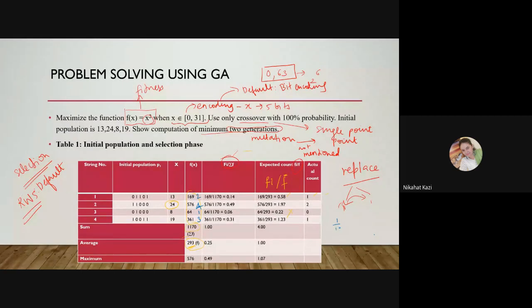And then you have to do the same procedure, using roulette wheel selection only. Are you getting it? Yes, ma'am. So please be careful about what operators are mentioned, and use them accordingly.